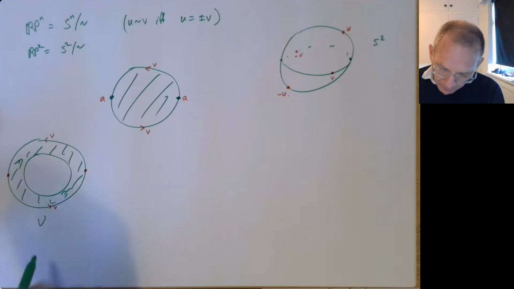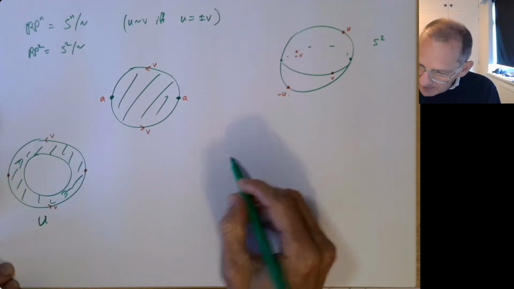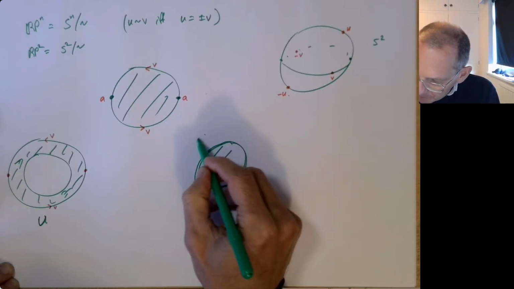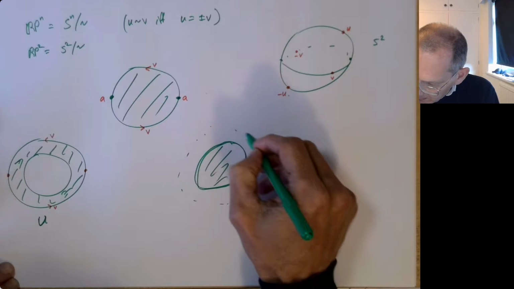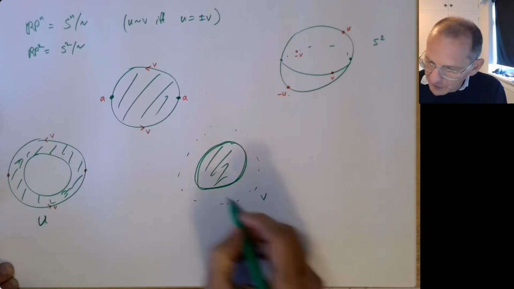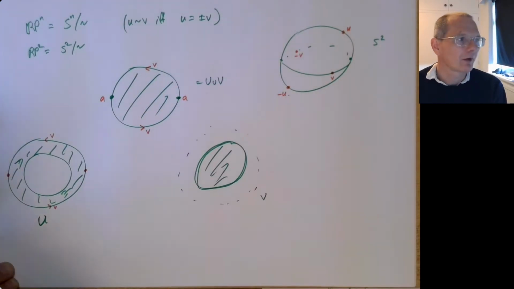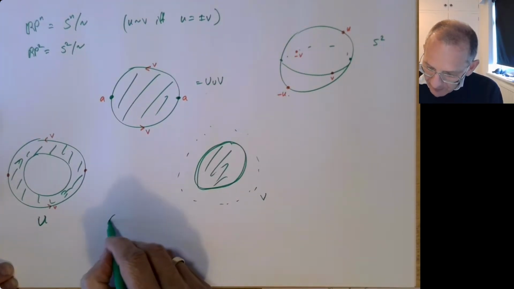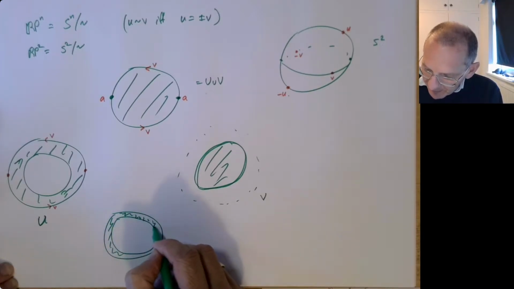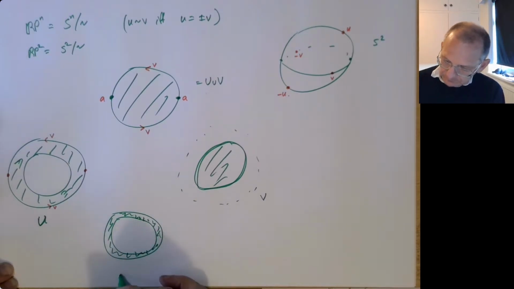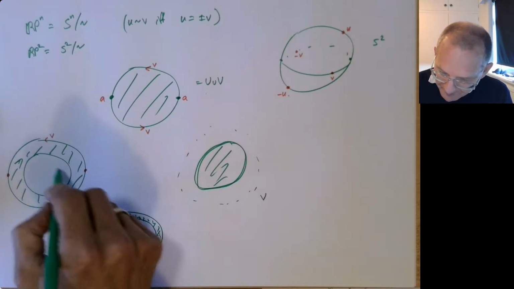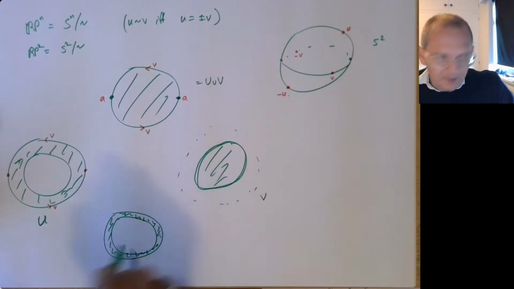That's our U, and our V is just going to be a disk in the middle, slightly overlapping with U, so as to ensure that U union V is the whole of RP2. That means the intersection is going to be a thin annulus like this.